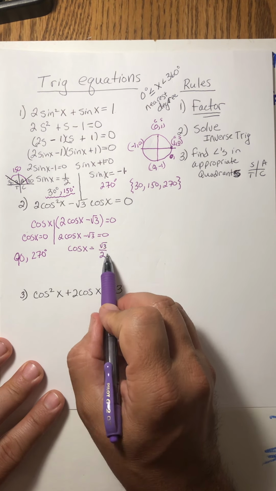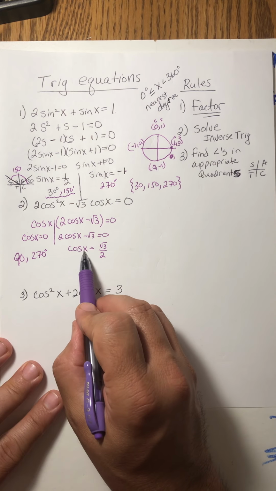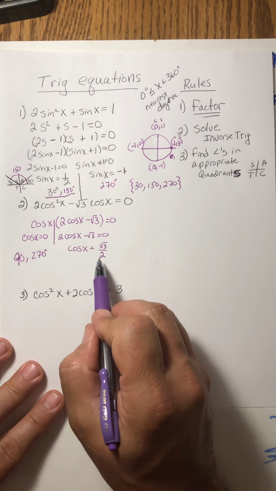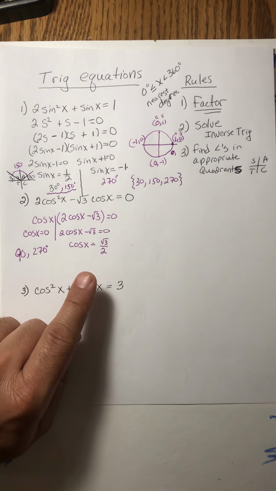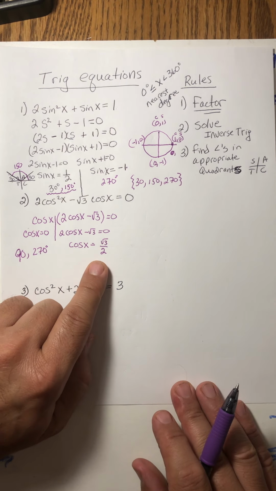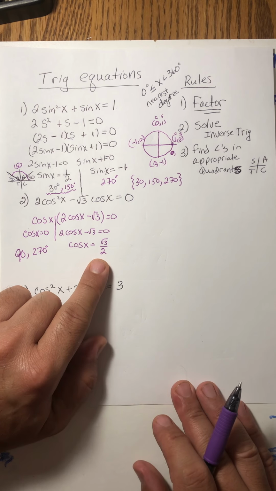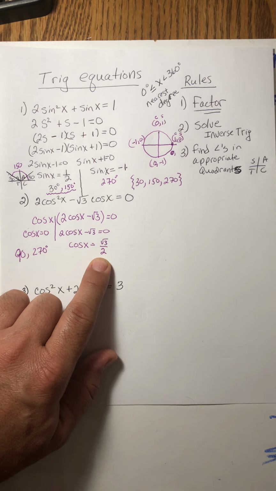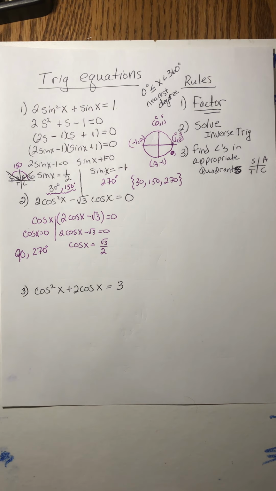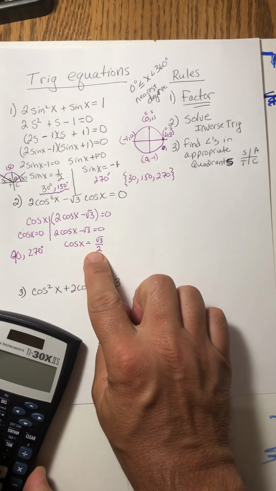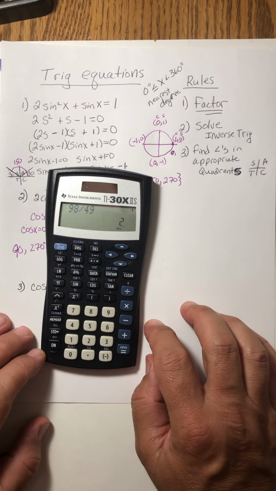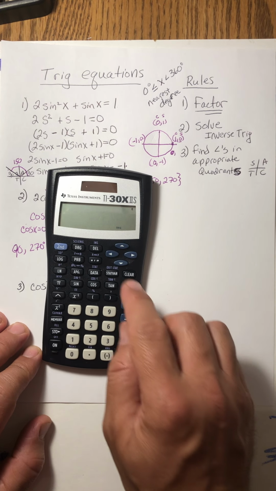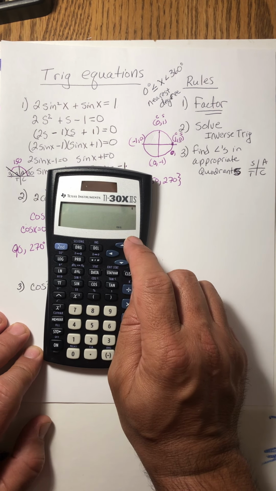All right, radical 3 over 2 you should recognize. The cosine of what angle is radical 3 over 2? Okay, if you don't, you can use your calculator. If you don't recognize that, that's 30 degrees. But let's do it on the calculator. So I'll make sure my calculator's in degree, it is.